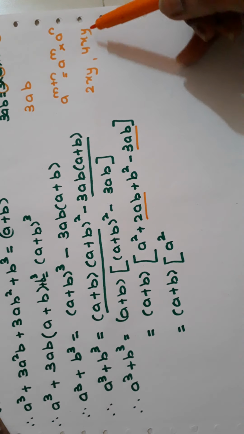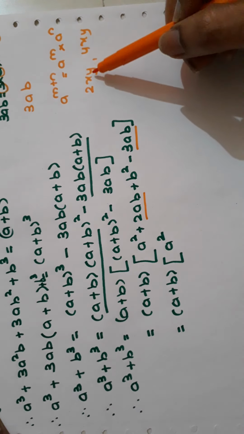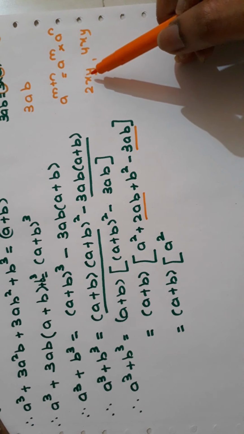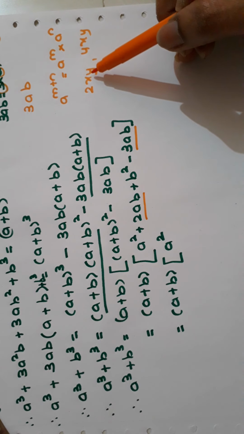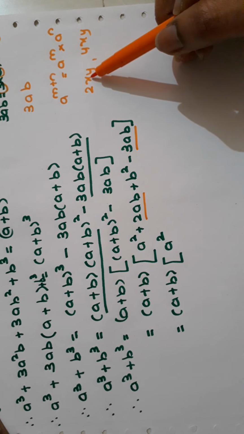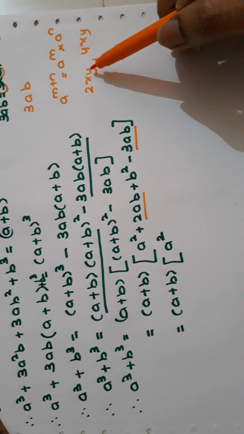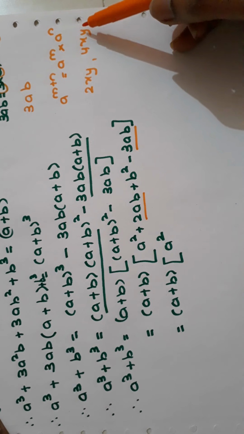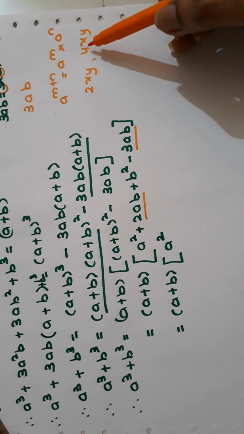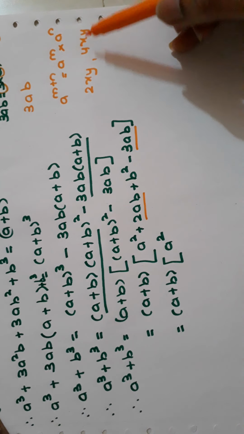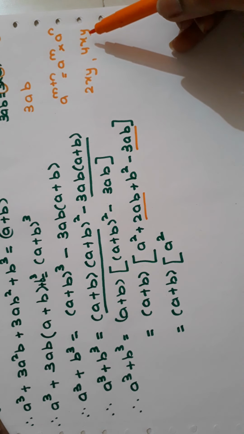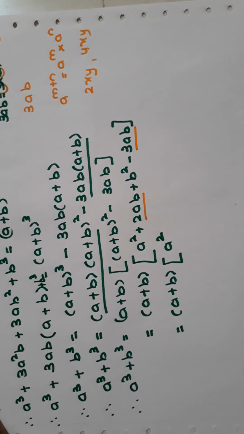Both the terms have the same variables x and y, and the power of the variable is also the same. Here the power of the variable x is 1, here also it is 1. The power of the variable y is 1, here also it is 1. Even though the coefficients differ, both the terms are called like terms, because for like terms the variables should be the same and the powers of the variables should be the same. The coefficient can be any number.